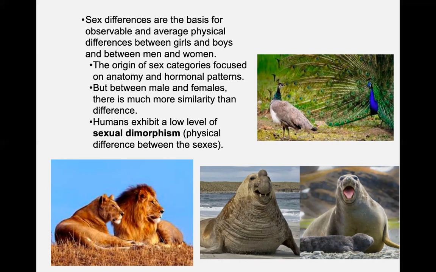And I give you just three examples right there, whether you're talking about the differences between lions and lionesses, between peacocks and peahens, or elephant seals, in terms of size, in terms of plumage, in terms of mane.